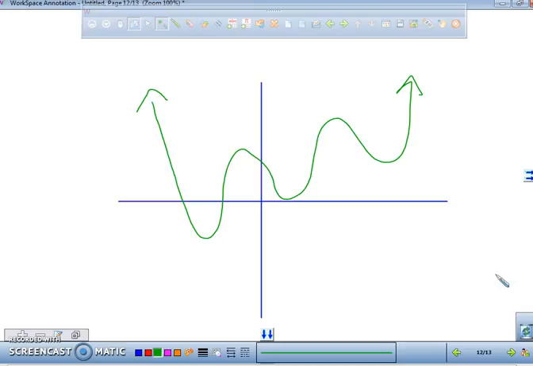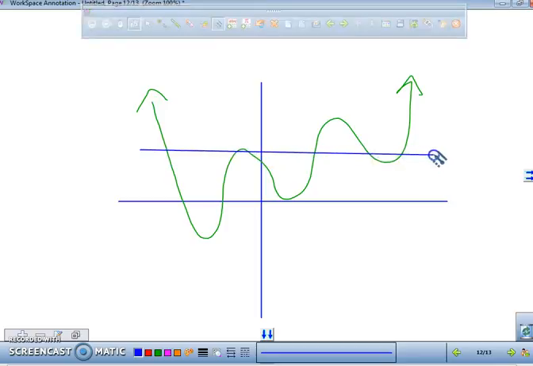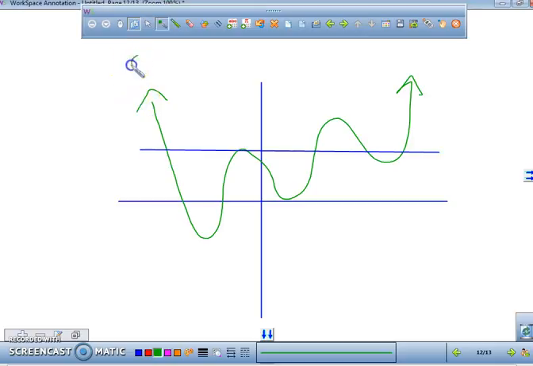Now, let's see here. Right there, what would be the degree?